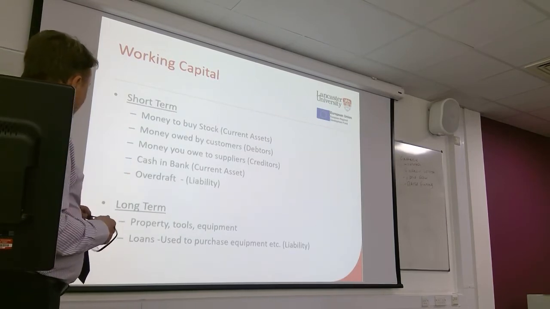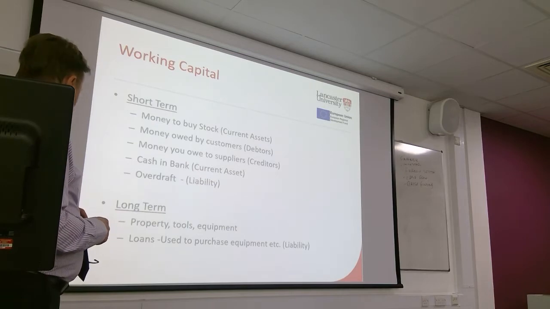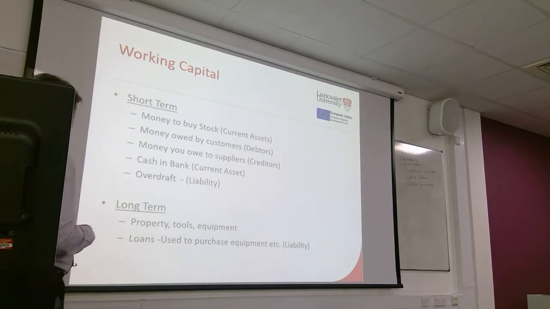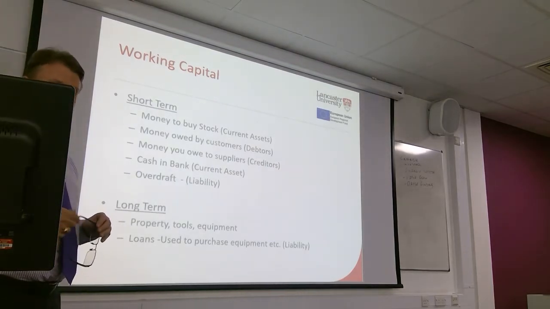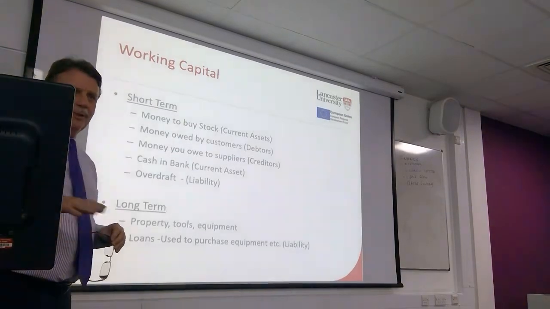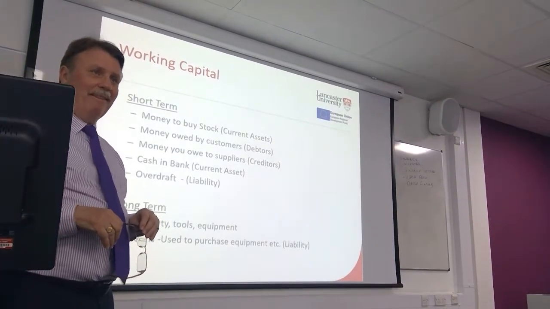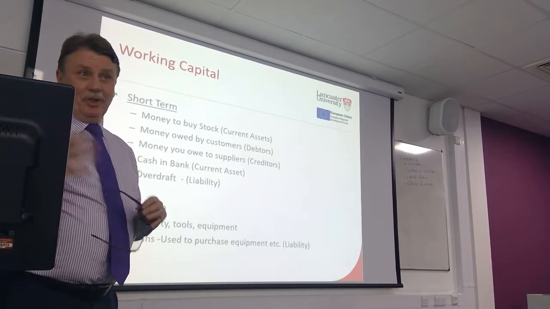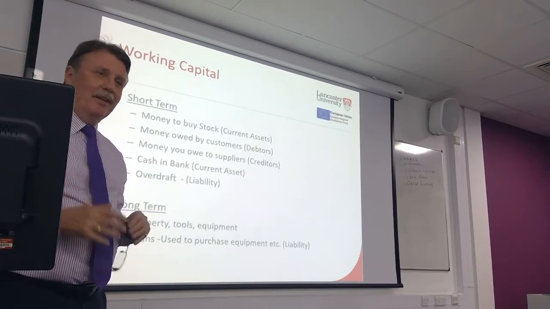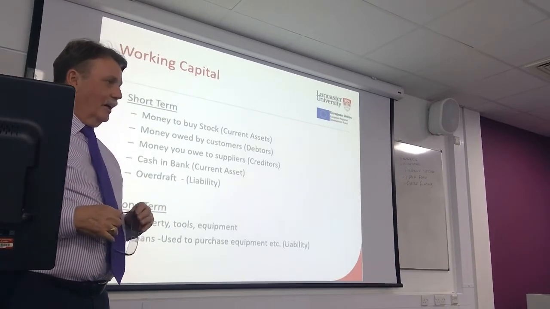Your suppliers, of course, you owe money to them. Long term, again, your property. I think it used to be 20 years you could devalue it, but property doesn't go down in value. It's a funny one. So what you do, you get your property revalued, and it costs you money to get it done, if you had a factory.